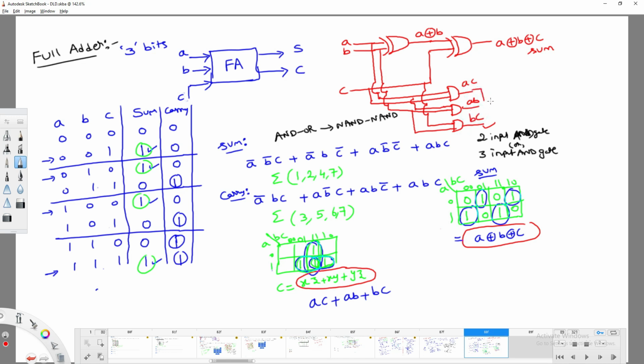So I got C. Now with the help of a 3 input OR gate, I can combine them. So you are going to get AC plus AB plus BC. This is the circuit for the full adder, guys. But if you observe, I can simplify this expression, right?